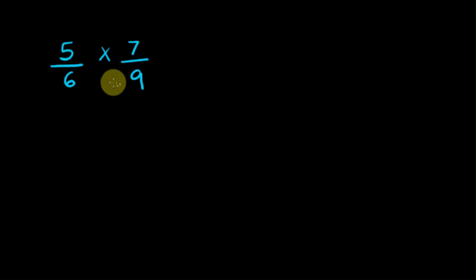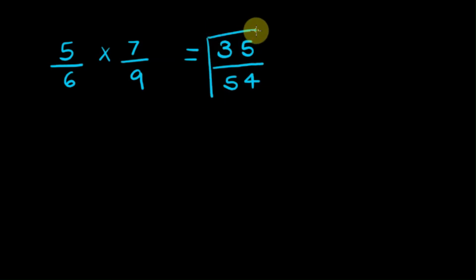In fact, even 6 and 7 don't have anything in common. So I will simply multiply 5 by 7, that is 35, and in the denominator 6 into 9, that is 54. So this is the answer, and I multiplied the fractions.